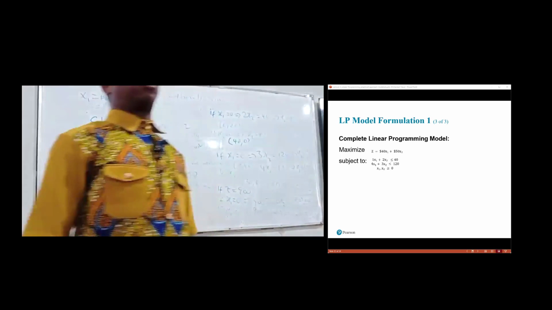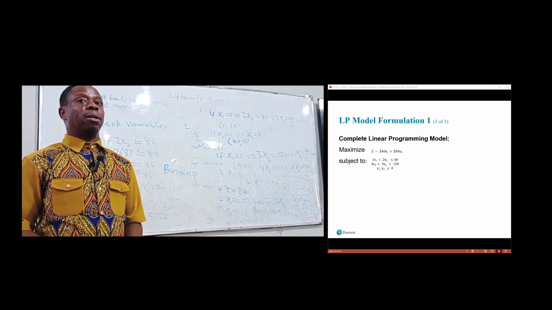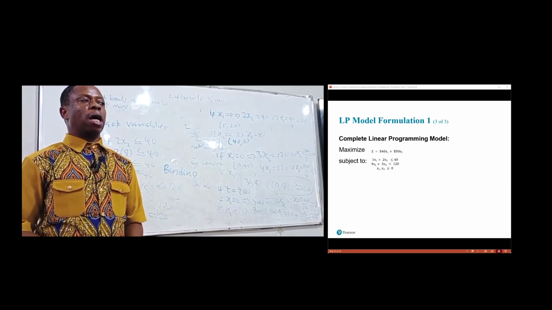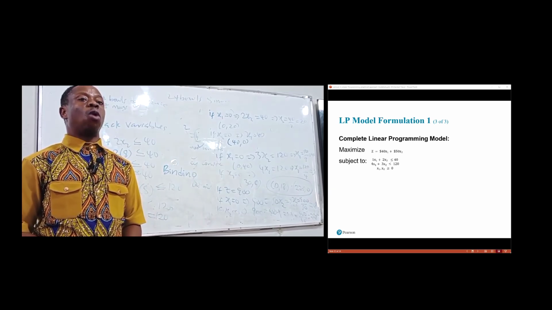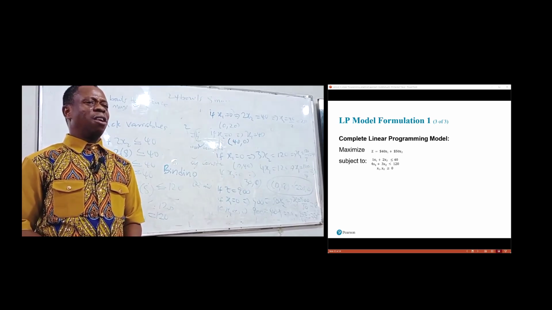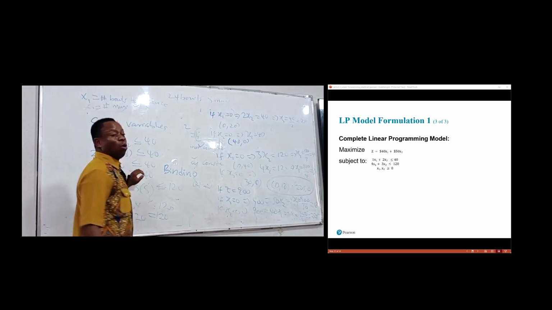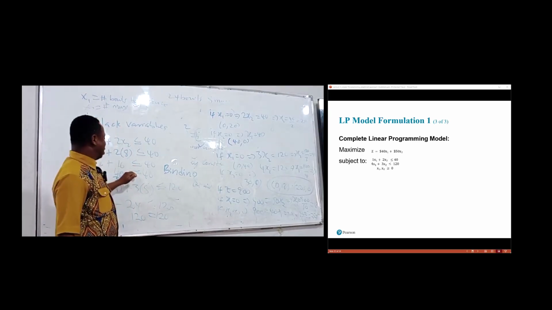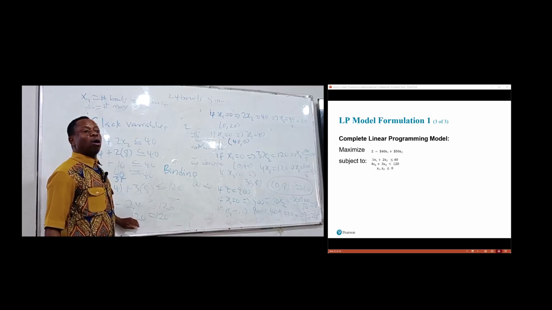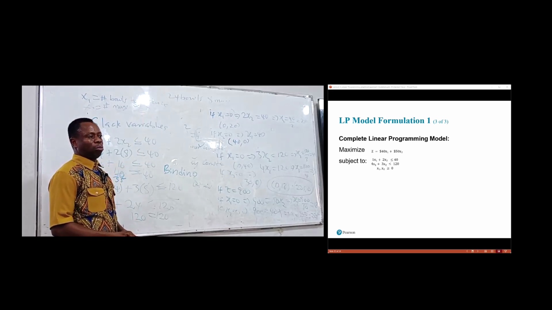Where the constraint is binding, it means that the constraint is satisfied with equality. So that if you are not able to utilize the 40 hours of labor and then the 120 pounds of clay, you cannot get the maximum profit.